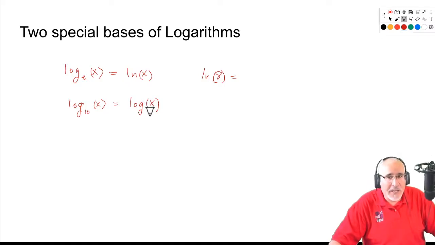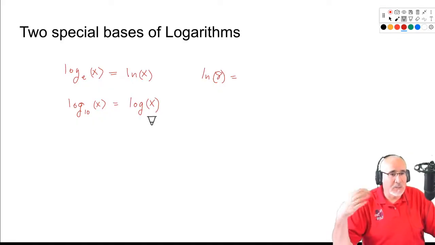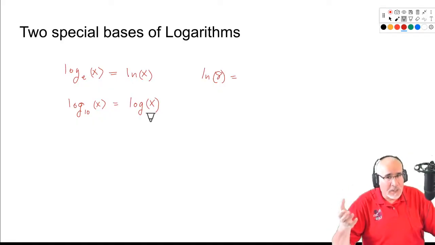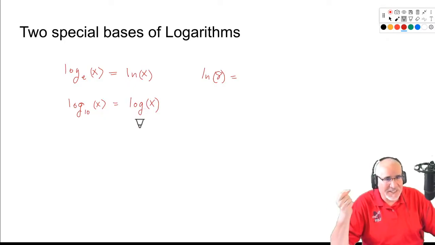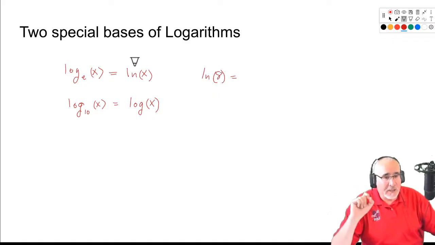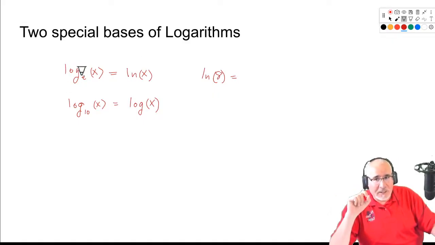Realize that these things are made up by humans. It's a language deal, so all language is made up, and it's an agreement that we shall do things this way. And when I say this, I mean that this is the log base 10. So if there is no base down here, that implies it's log base 10. It's not that I just forgot to put something there. It's log base 10. And if I put ln, that's implying in our classes that it has the base of e.